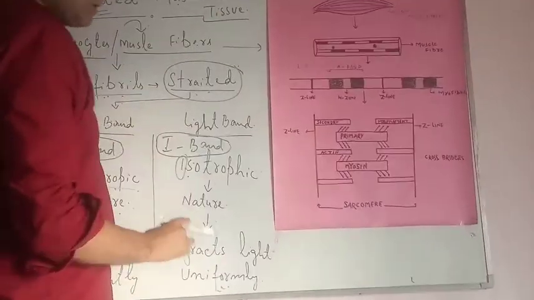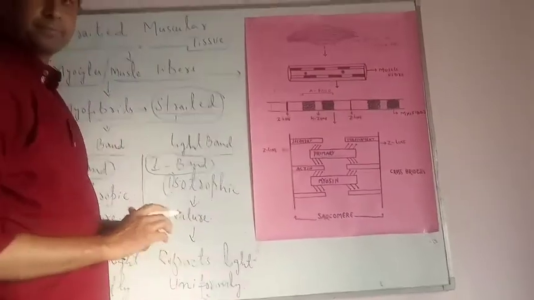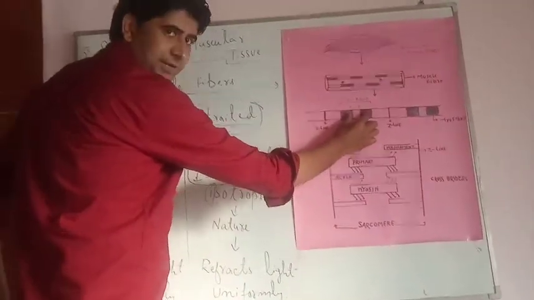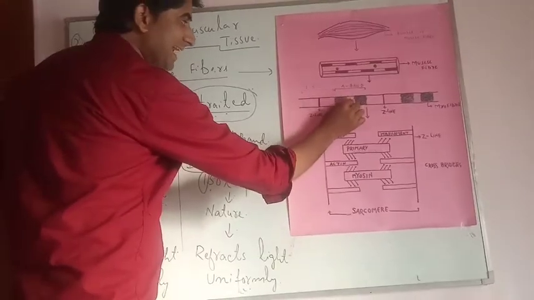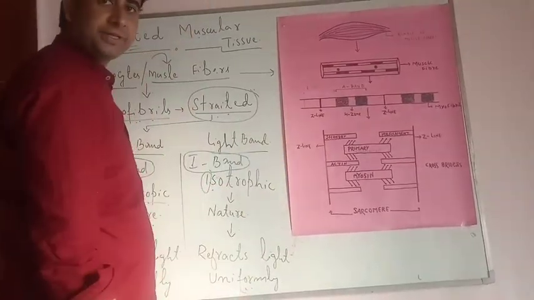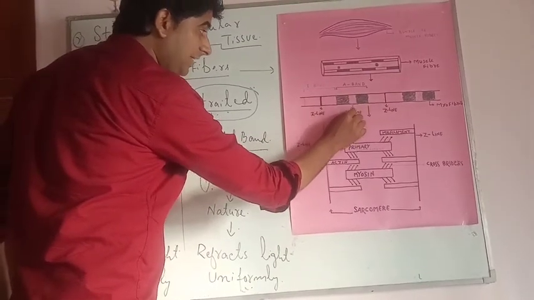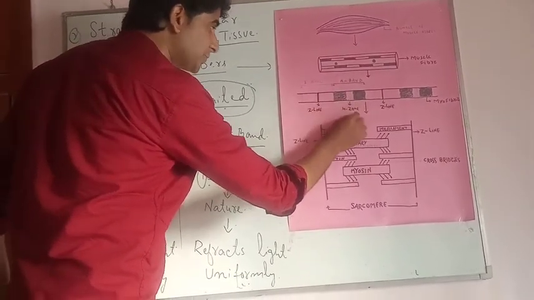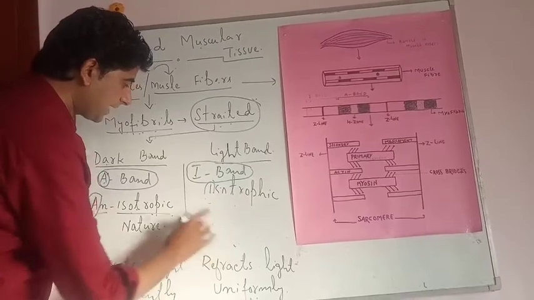Now, moving towards this dark band, each dark band or each A band possesses a slight darker region in the mid. That zone is termed as H zone. क्योंकि ये साइंटिस्ट ने डिस्कवर किया था, उसका नाम था हैंसन.